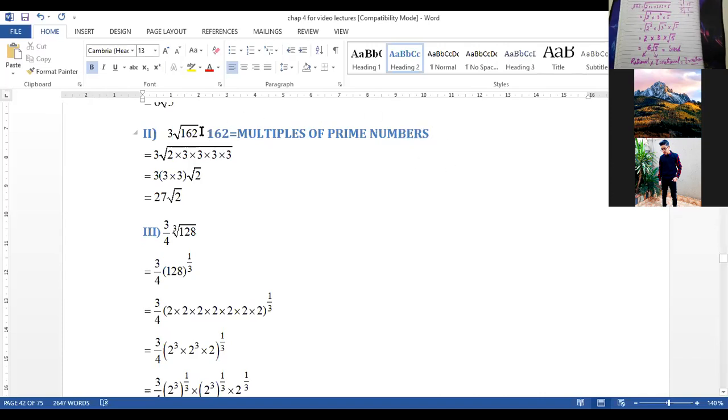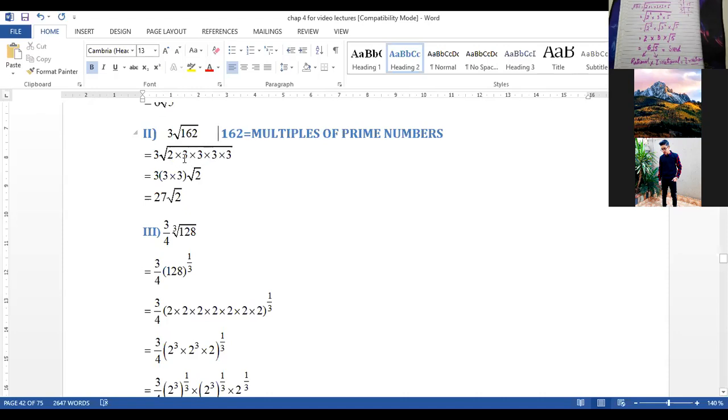This is your choice now, because this is very easy now. 162 will be split into prime numbers. Like you can see that 162 is split into 2 times 3 times 3 times 3 times 3. When you do it yourself on your pages, it must be like this. It cannot be anything other than these numbers, because these are prime numbers. These are the numbers which have split 162 into factors, so it cannot be further subdivided.